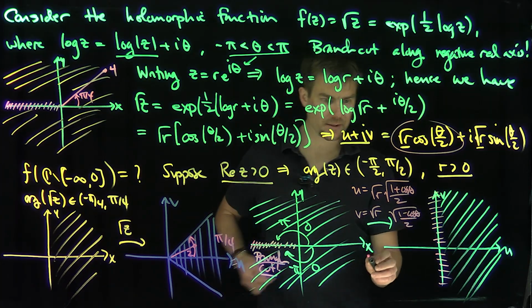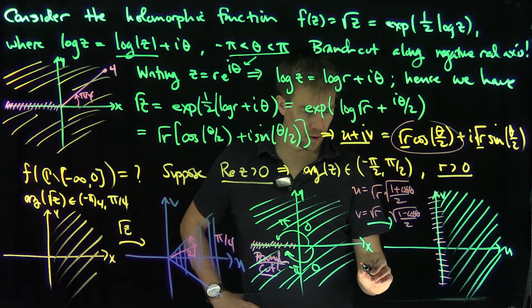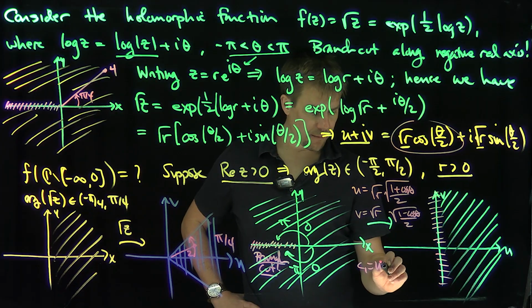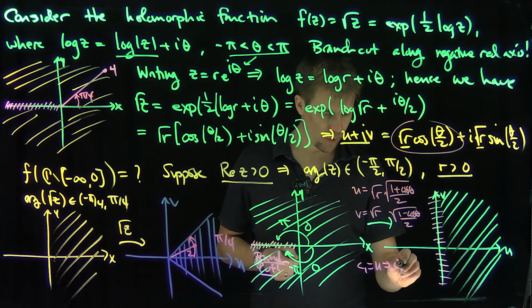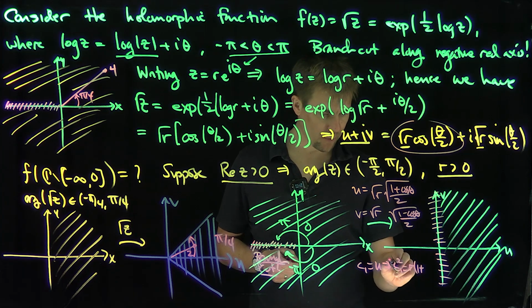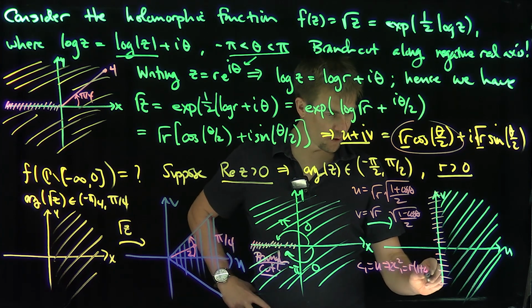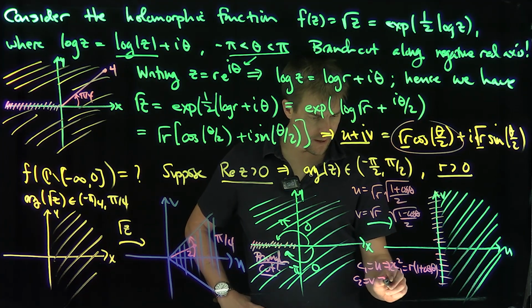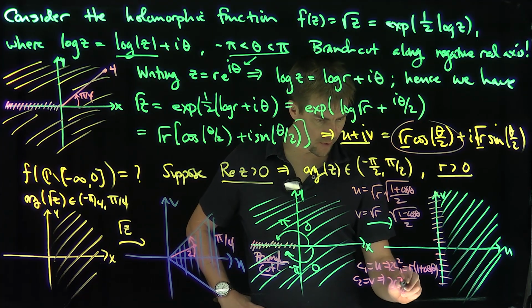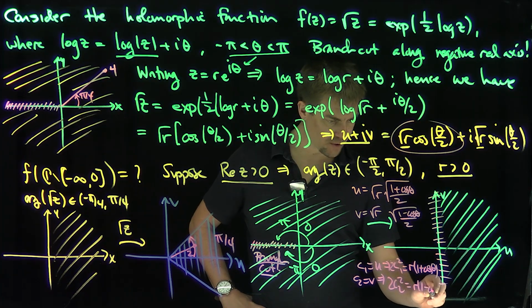And so your level sets: C1 equals u is the same thing as C1 equals u squared. If I square it, the level sets imply C1 squared is going to be r times (1 plus cosine theta), times 2 of course, and then C2 equals v implies that C2 squared is equal to r times (1 minus cosine theta).